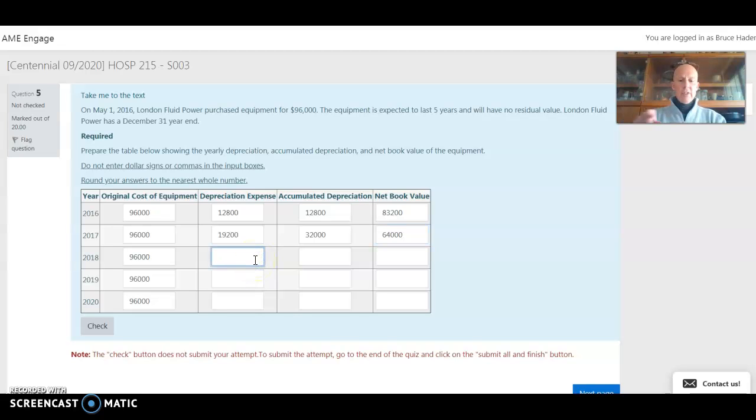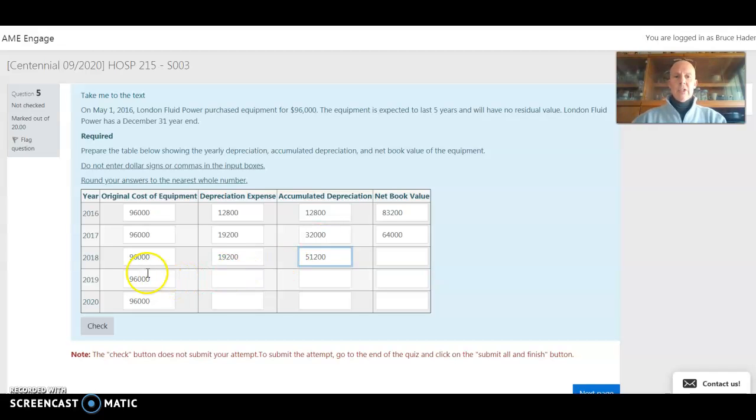2018, it's a full year, so it's $1,600 times 12. I'm just going to make sure I had the right calculation. Yep, $19,200, and we're going to add it to our previous accumulated depreciation, so $32,000 plus $19,200 is $51,200.